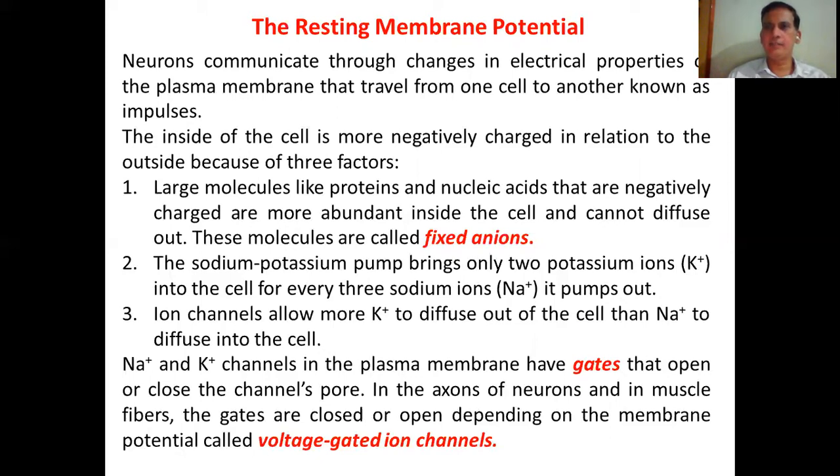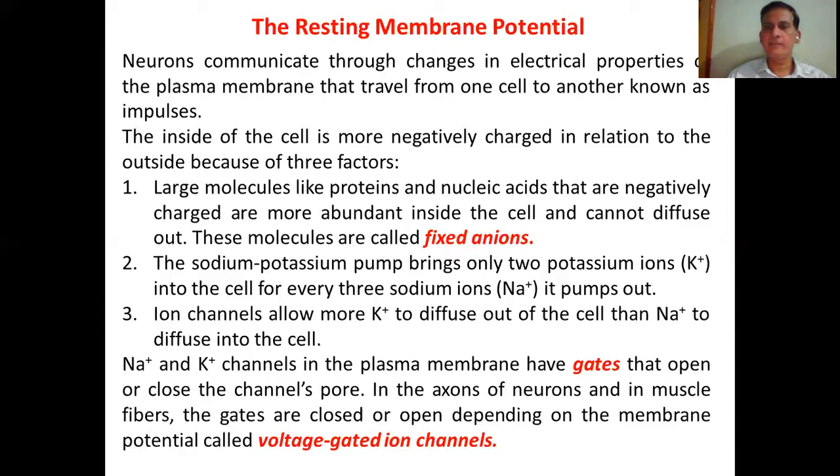The second one is the sodium potassium pump that brings two potassium ions inside the cell and pumps three sodium ions out. So if you balance it, two potassium come in and three sodium move out. It means there is a loss of one positive charge, so that imparts one extra negative charge to the inside of the cell.